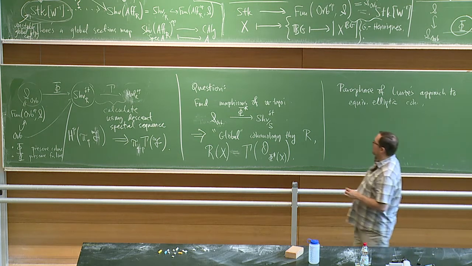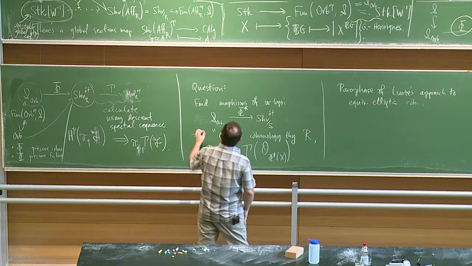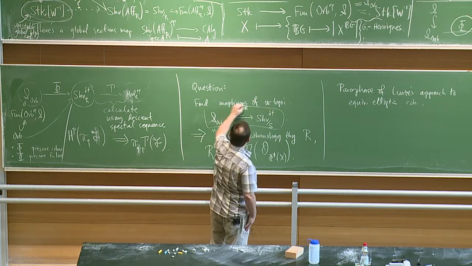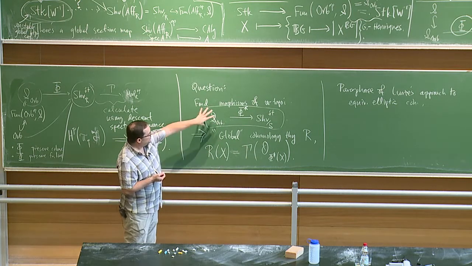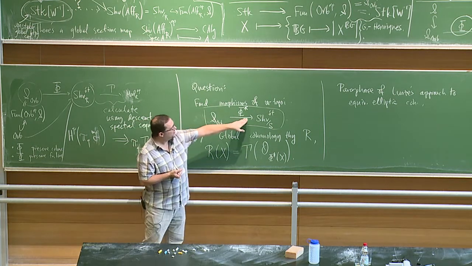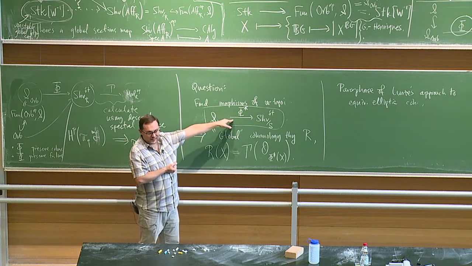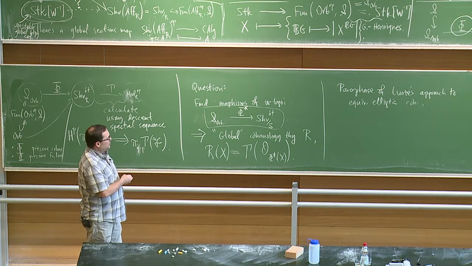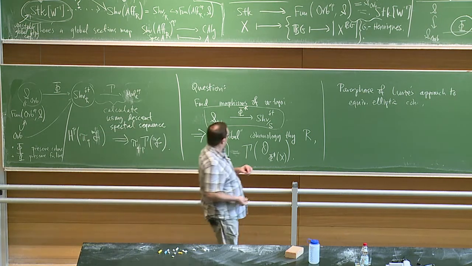So how can we find it? What I wanted to convince you of thus far was that if I can get a morphism that preserves colimits and finite limits, I can get something that I can calculate. And now the question is constructing such a thing.